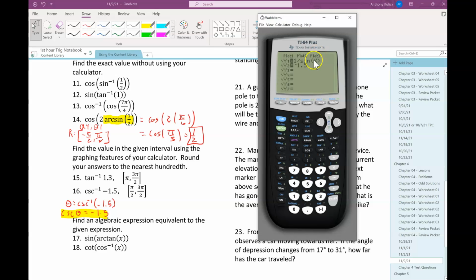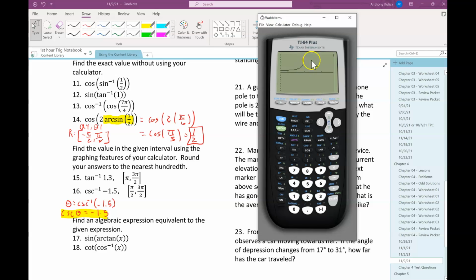Yeah. And then what I'm going to do is I'm going to go to the window and I'm going to pick my range of x values to go from pi over 2 to 3 pi over 2. Like that. And then I'm going to hit graph.